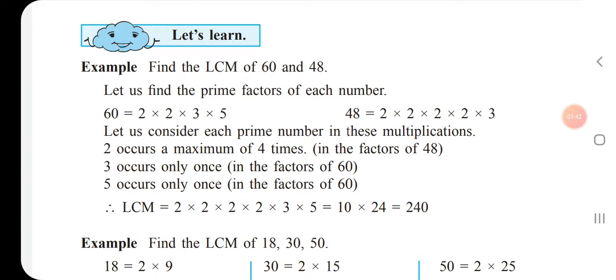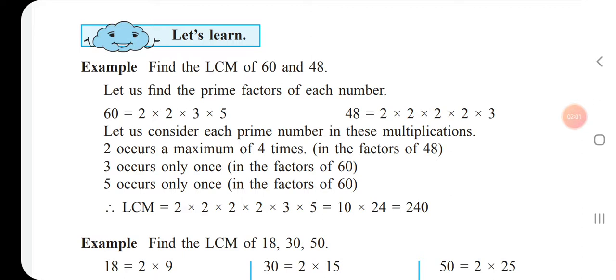Here 2 is repeated 4 times, so we will take 2 four times. 3 is repeated 1 time, so we will take it 1 time, and 5 is also repeated 1 time, so it will be taken as into 5.